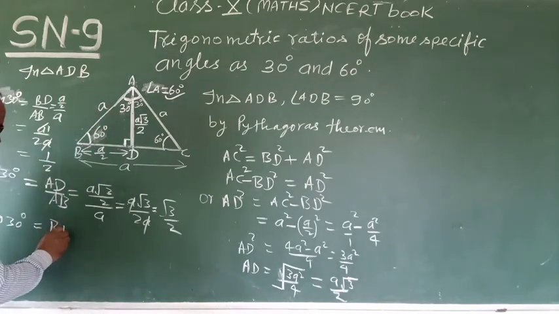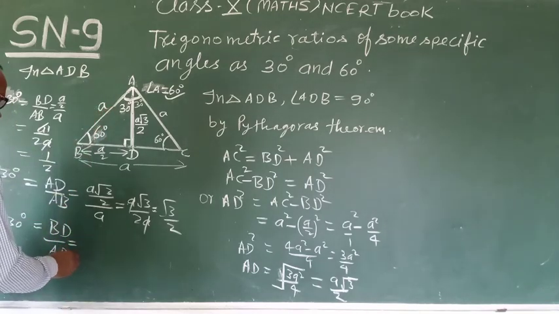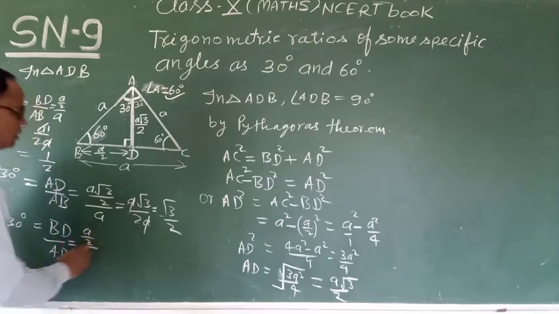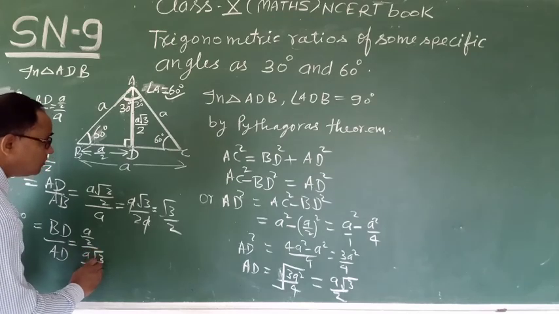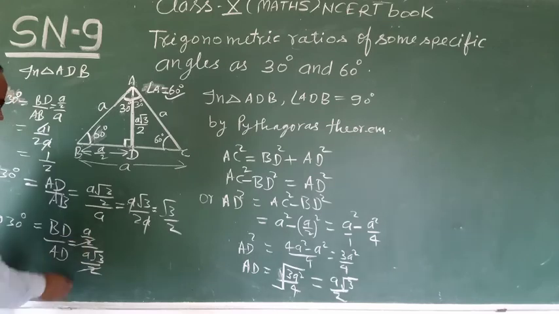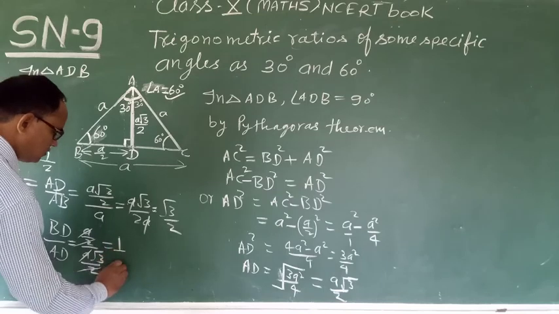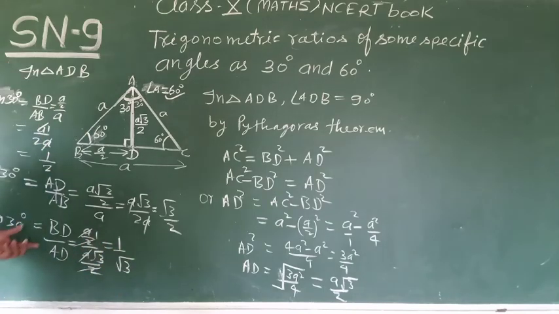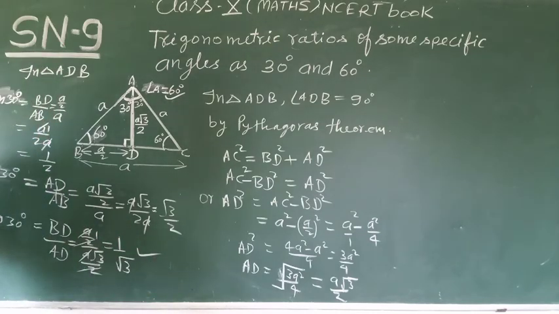Here BD by AD is equal to A by 2 divided by A root 3 by 2. Denominator cancels denominator and A cancels A. Then we get 1 by root 3. Okay student, this is the value of tan 30 degree.